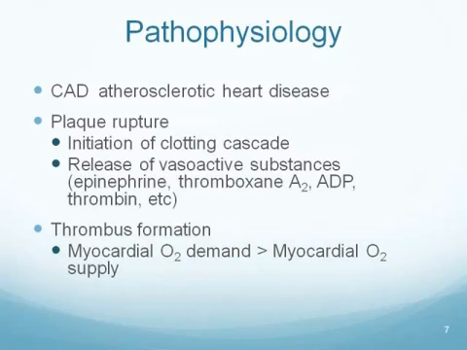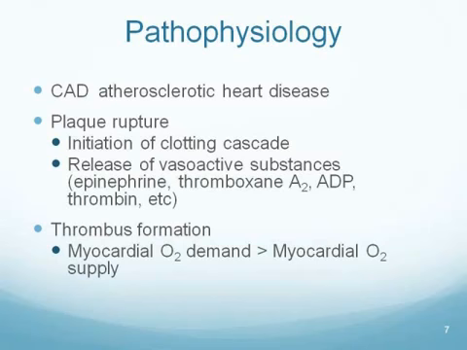So the underlying pathophysiology is that we have an atherosclerotic plaque. The patient has coronary artery disease. They may not know it. This could be their first presentation, but they do have coronary artery disease. And with acute coronary syndromes, something has happened to make the plaque rupture.